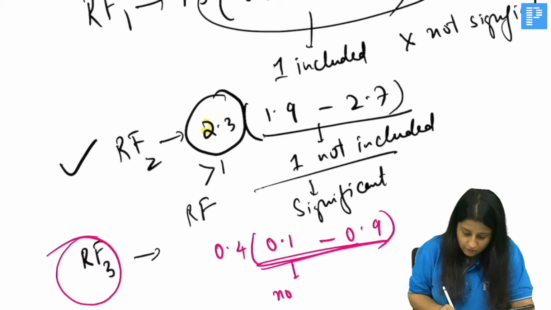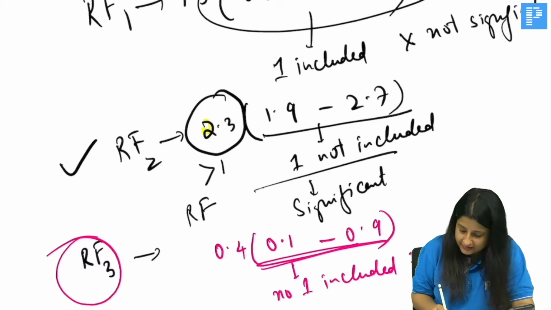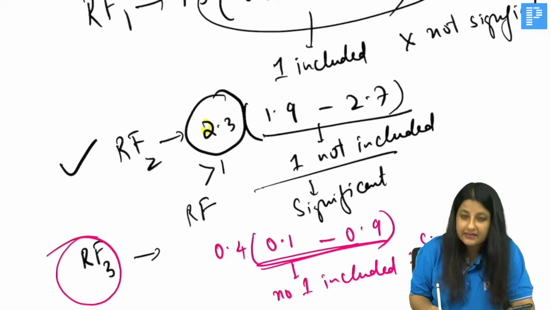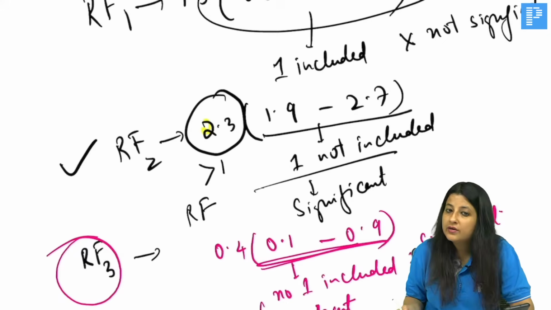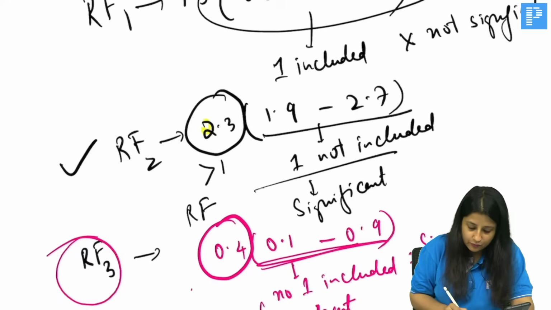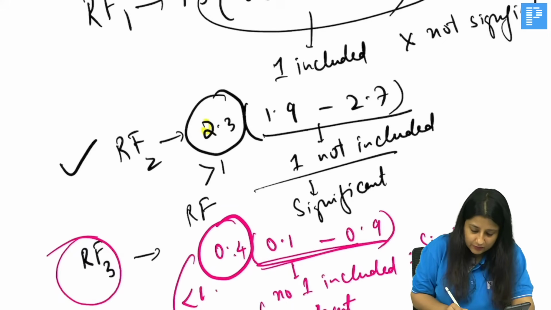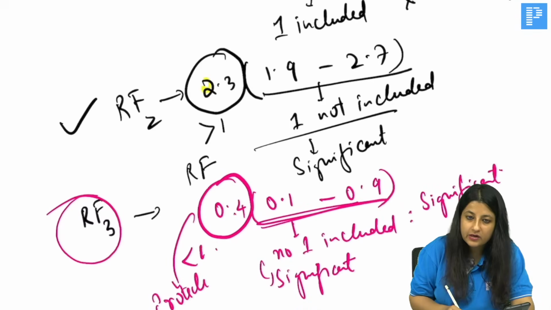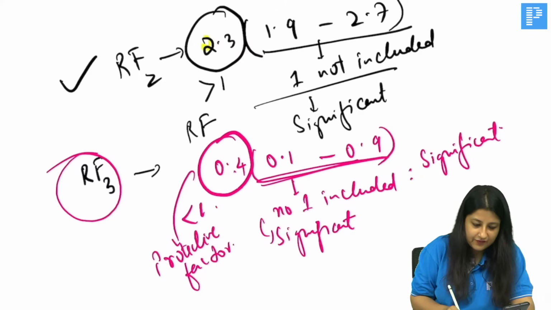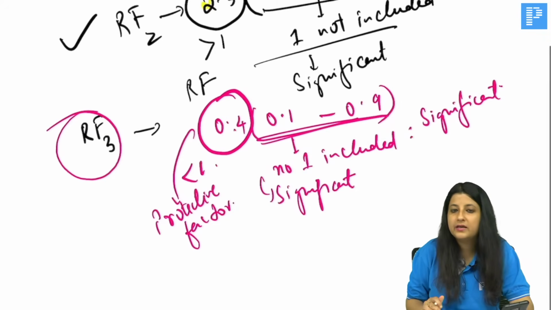So 1 is not included, so definitely this is significant. But then what are you going to look at? You're going to look at this value. It is less than 1, so it becomes a protective factor. Am I clear? Everybody, will you be able to do this?